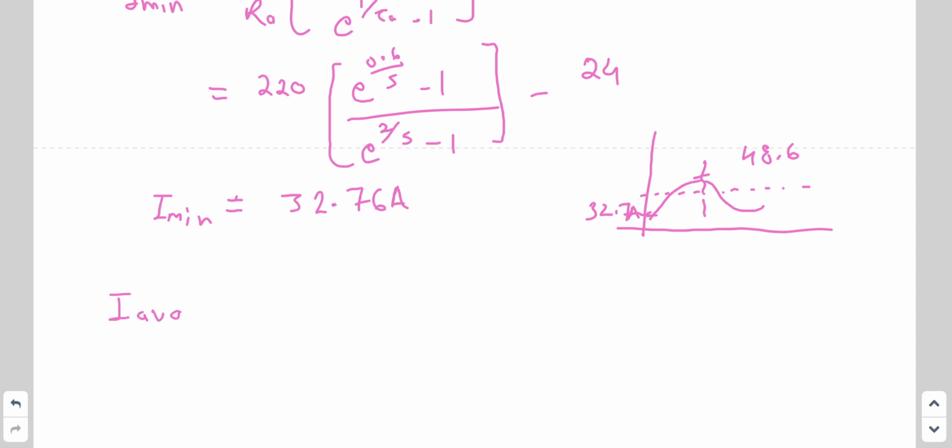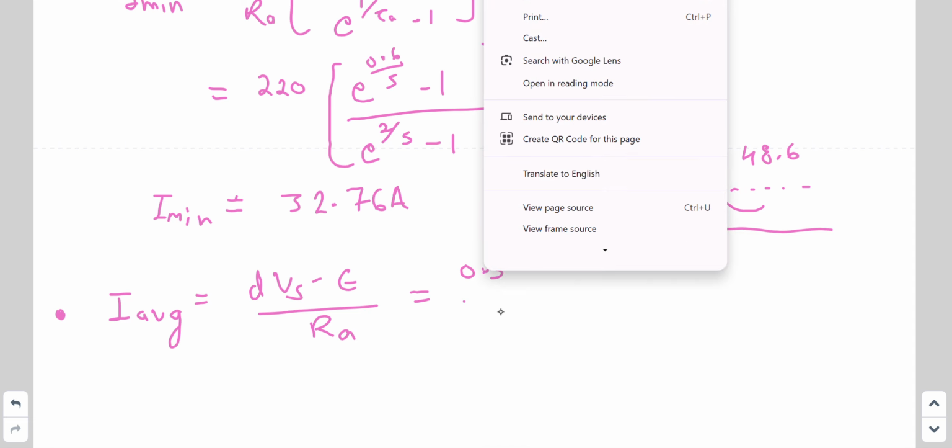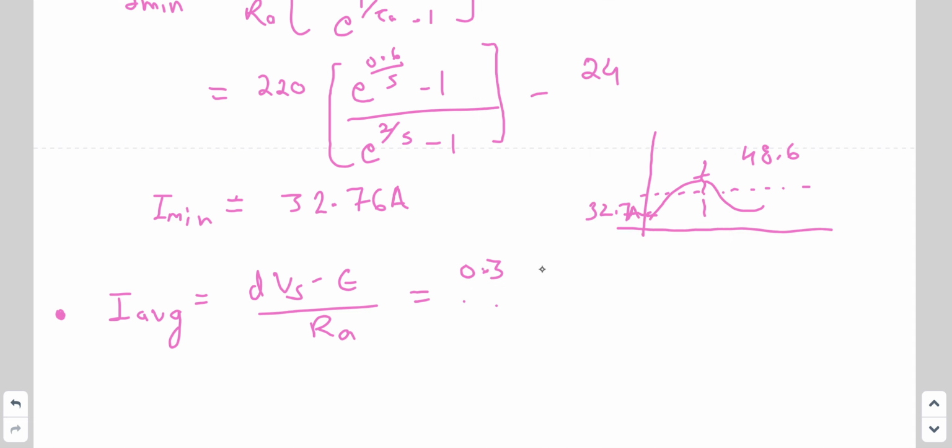I average is equal to (d Vs minus E) divided by Ra, where d is the duty cycle. So put the values. D is 0.3 into Vs is 220 volt, minus E is 24, divided by Ra is 1 ohm.